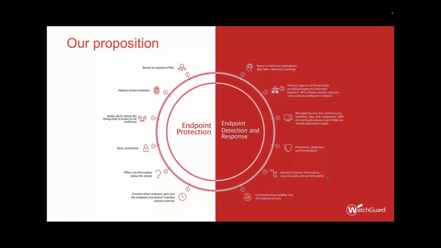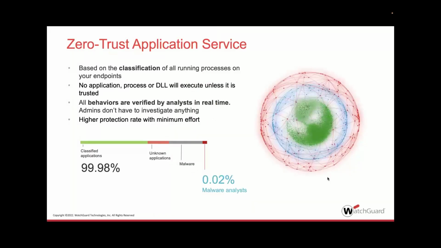So, the Zero Trust Application Service is about dealing with file-based malware. It's based on classifying all running programs, all running processes in fact, in the endpoints that we protect. So the goal is that no application, no process, no library gets a chance to execute unless it is trusted.